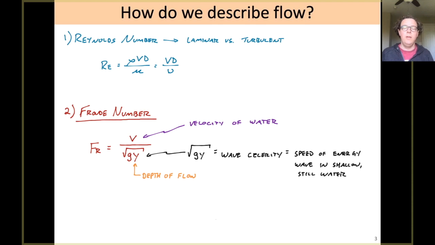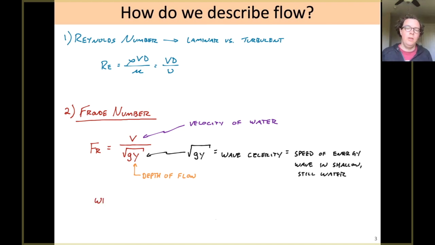And so the way you might visualize this in your mind is picture that there's a still pond and you throw a rock in it and you create ripples. The speed that those ripples move is the square root of gravity times the depth of water. So Froude number is telling you how fast does the water itself move relative to how fast energy waves propagate through that system.